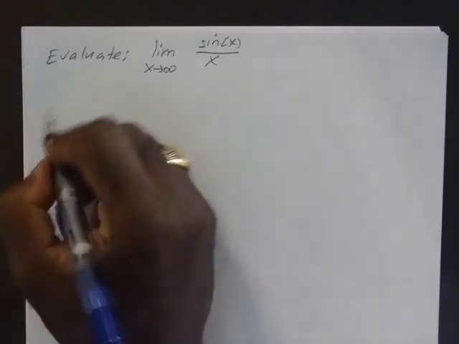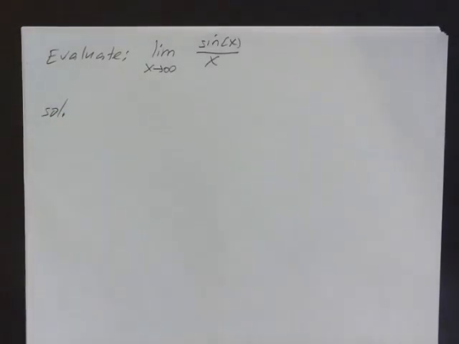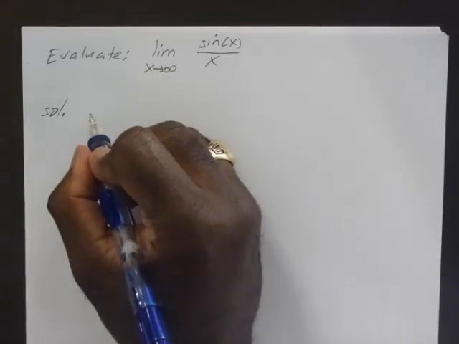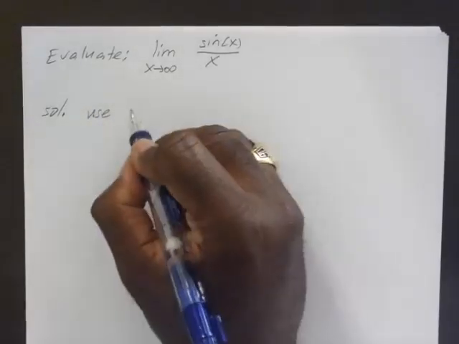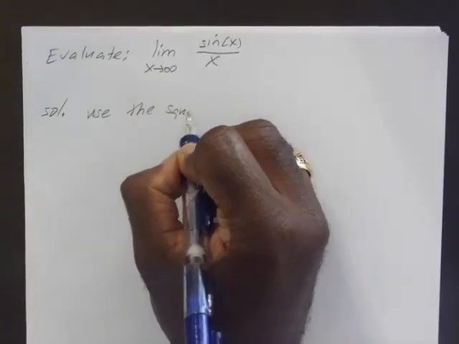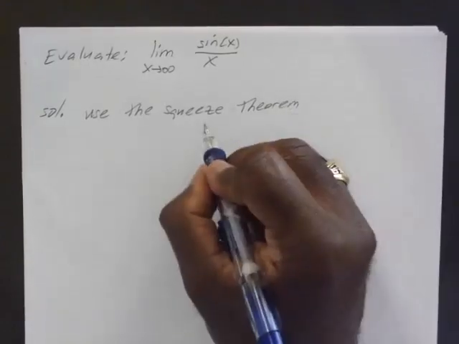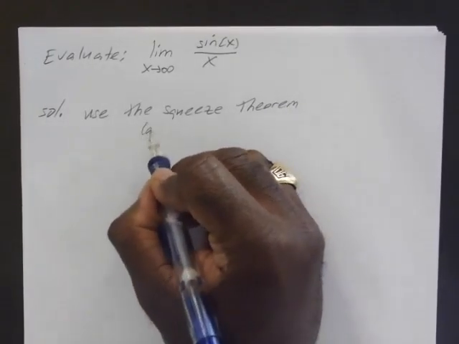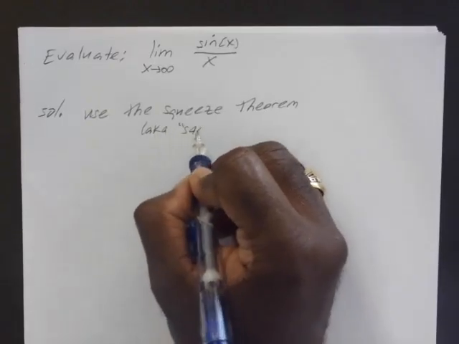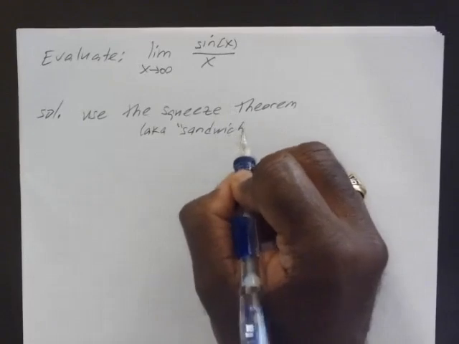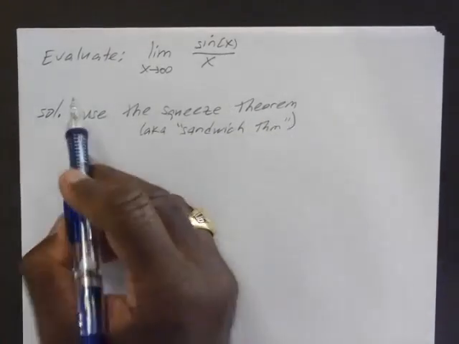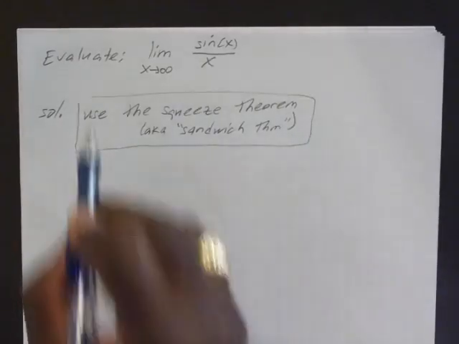Whenever you have any type of trig limit, it won't help all the time, but probably 90 to 95% of the time, if not more, starting off with the squeeze theorem helps. Or the sandwich theorem, depending on which text you look in. Just two different names for the same principle.